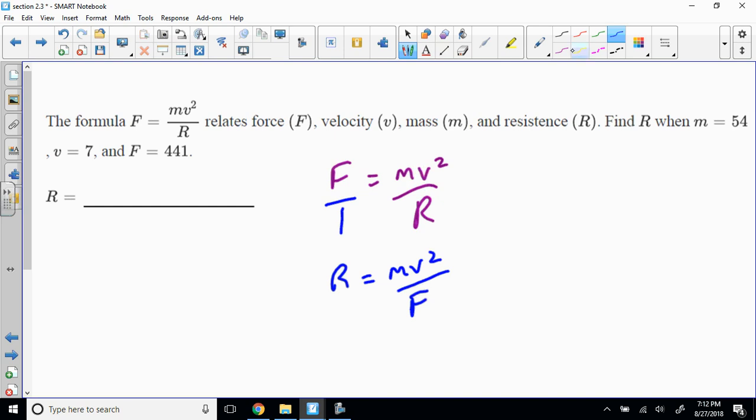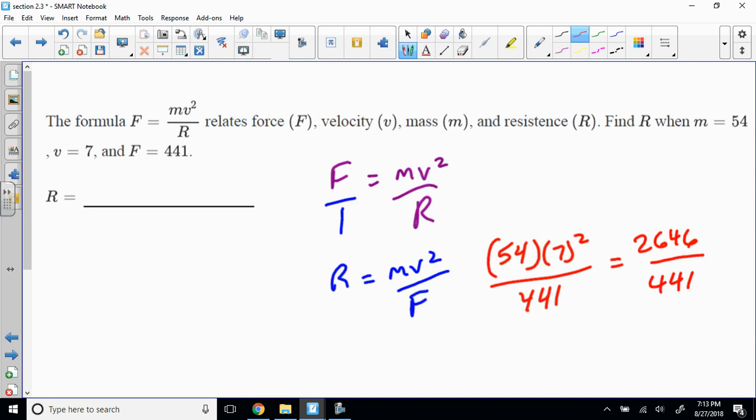Now, it's just a matter of plugging in numbers. So that's 54 times 7 squared all over 441. So that leaves me with 54 times 49, which would be 2646, over 441.